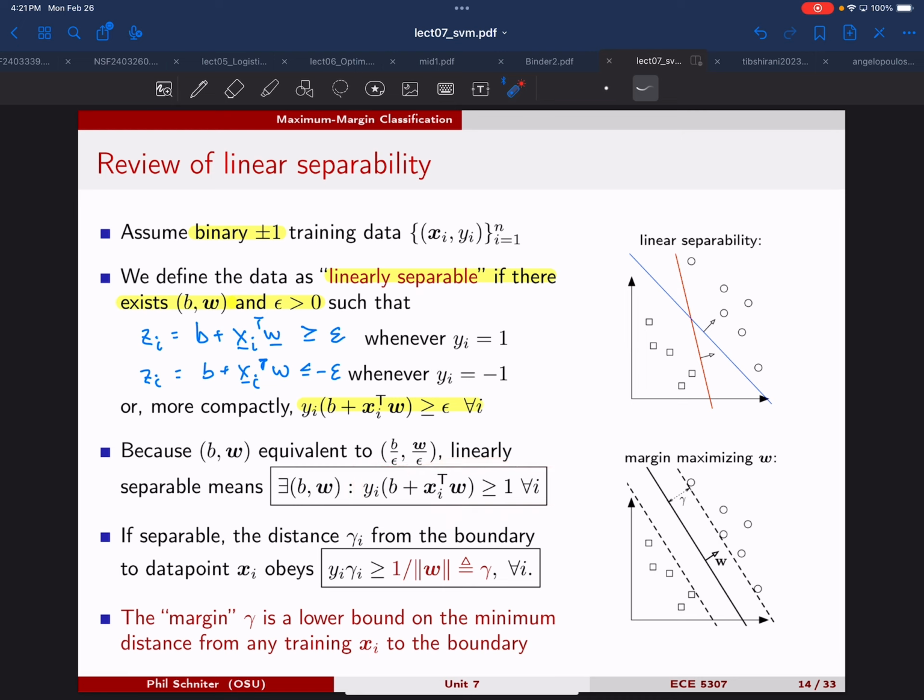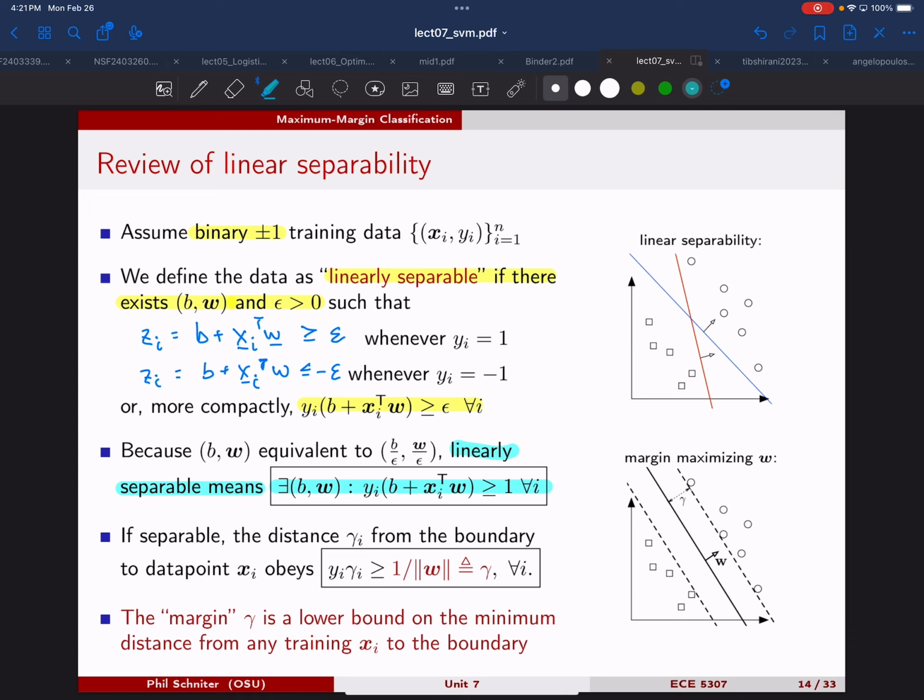So that's where we finally land with linear separability. So this is our main definition here. Okay, so that's what we're going to use going forward.